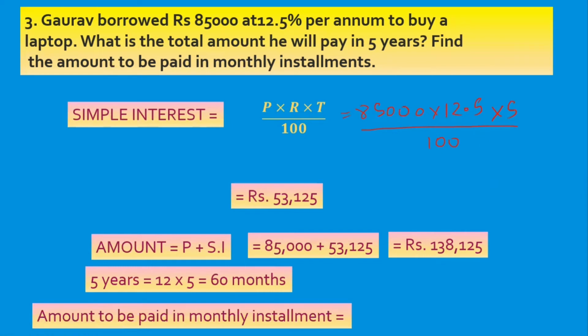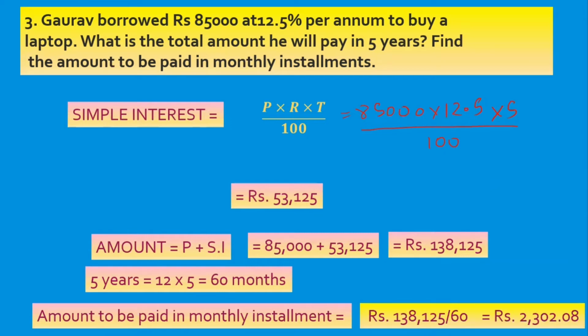So 138,125 divided by 60, which we get as rupees 2,302.08. That will be his monthly installment. So approximately you can say that 2,302 rupees monthly he will have to pay back to the bank for 5 years for the laptop, which was actually costing him only 85,000.